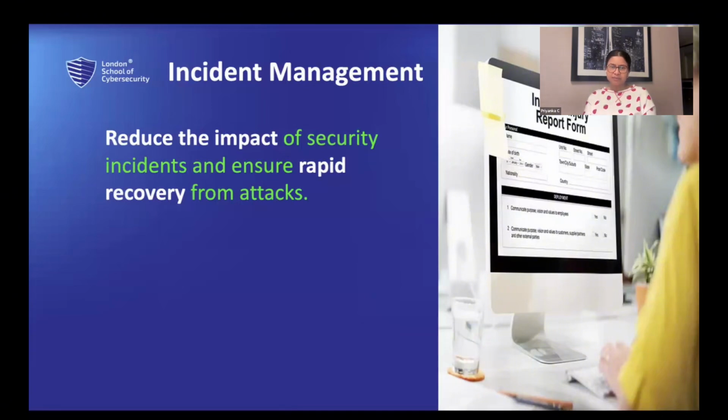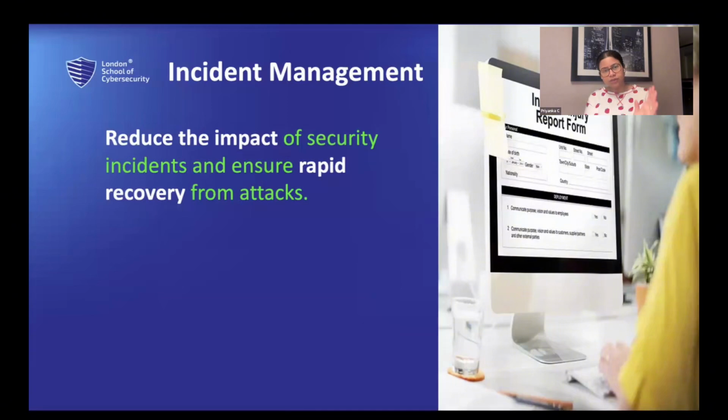Incident management is the control which helps us reduce the impact. Just think about this: when something goes wrong, there is an impact. One of the key requirements of cybersecurity is how do we reduce the impact when something goes wrong. That is exactly the role of incident management.